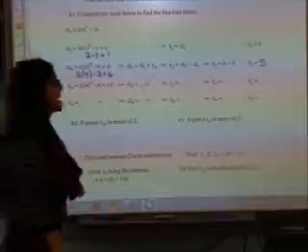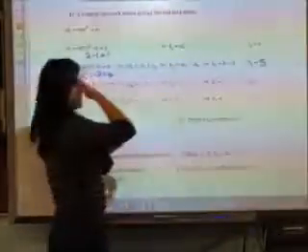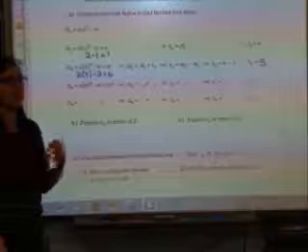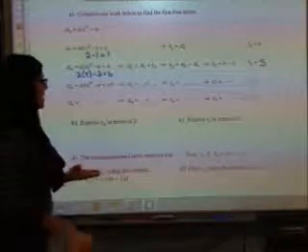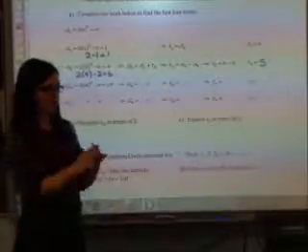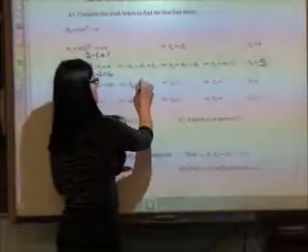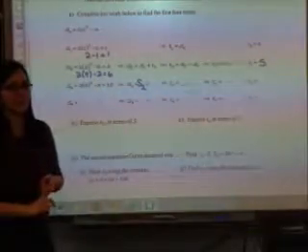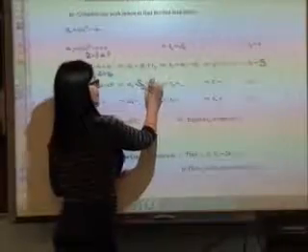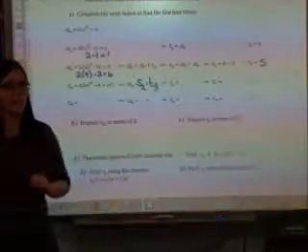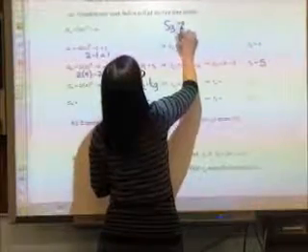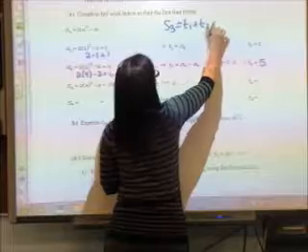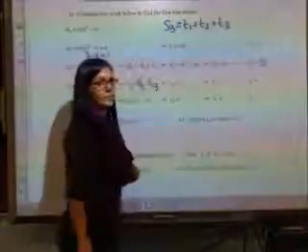So if I look at this again, S of 3. S of 3 is the sum of the first three terms. T1 plus T2 plus T3. Well, T1 and T2 is S of 2. And if I add the third term, that would give me the sum of the three terms. Does that make sense? So S of 3 is adding the first term, the second term, and the third term.